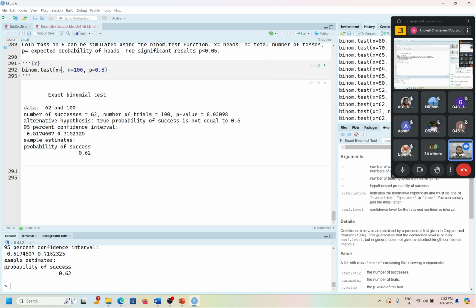But in the same case, if it was 3 and the total number of trials were 5, the probability of success is still 0.6, but we are not able to significantly reject the null hypothesis because the p value is not less than 0.05, it is 1. So this is what you call an underpowered test. How will I be able to fix this? What am I doing in the first example which I am not able to do here?